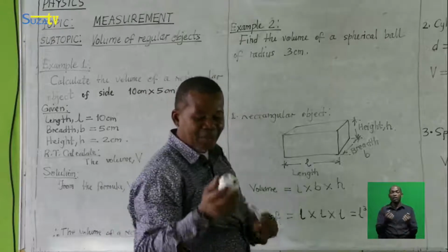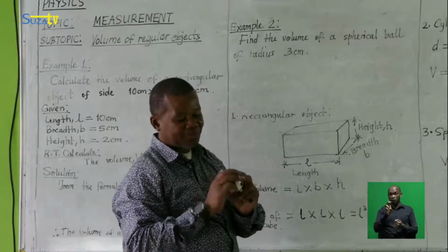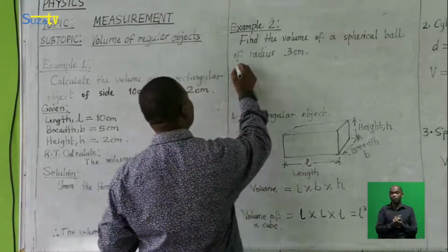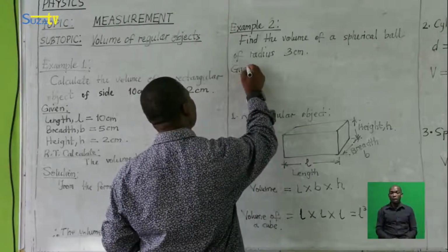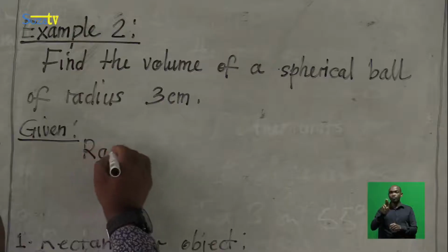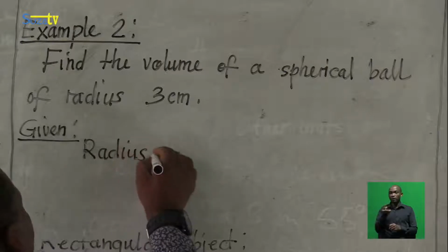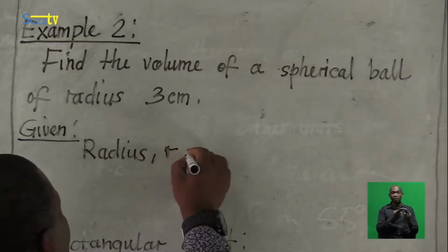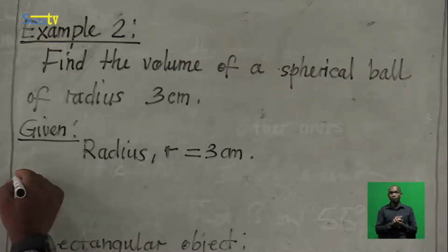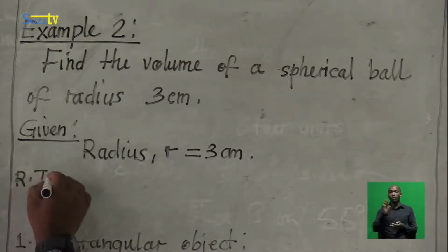So how can we calculate the volume of this spherical ball? Given, we have the radius r, which is equal to 3 centimeter.